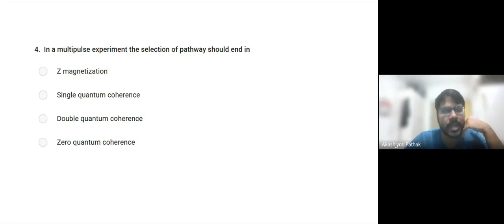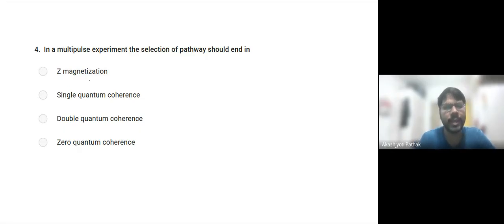In the multipulse experiment, the selection of pathway should end in what? We just now learned this concept, right? During the magnetization flow or magnetization transfer, you can have ZQC, DQC, these different terms can arise, but ultimately, for detection, all these signals must be converted into single quantum coherence for the detector to detect the signal.